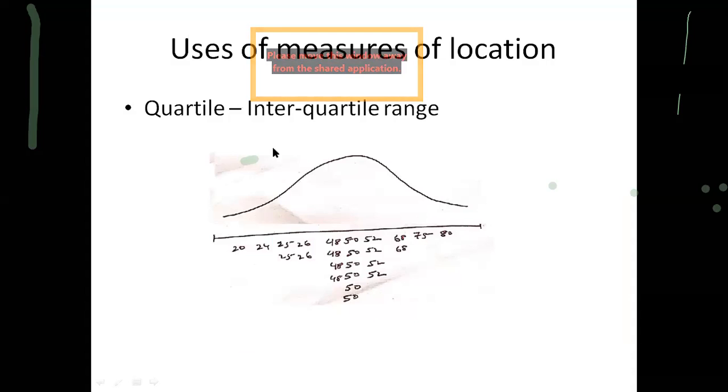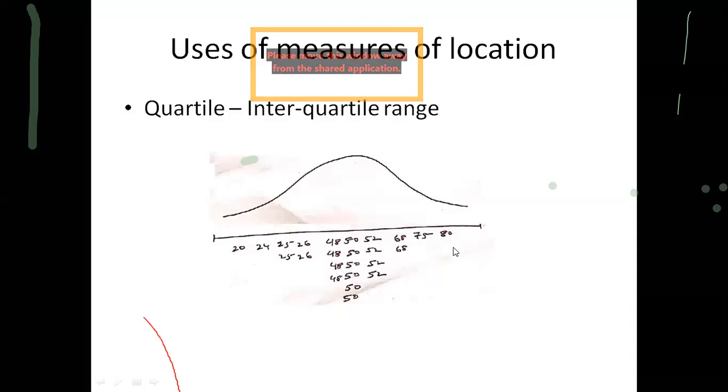For quartile, what is the utility of quartile? In the next lecture, I will talk about measures of dispersion. One of the measures of dispersion is the interquartile range. Let us say this is data where one observation is 20, another is 24, 25 occurs 2 times, 26 occurs 2 times and 48 occurs 4 times.